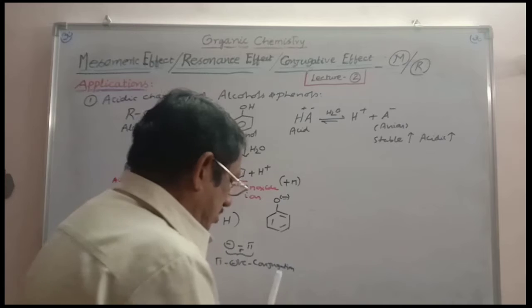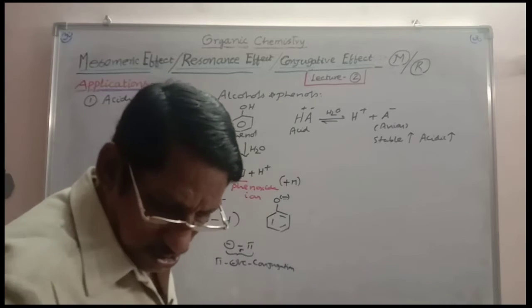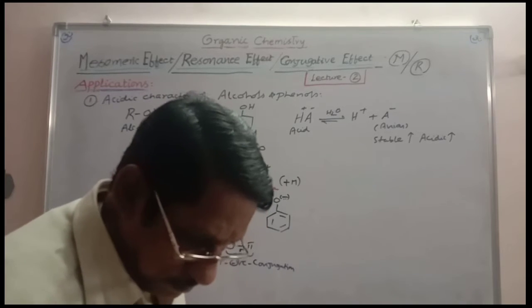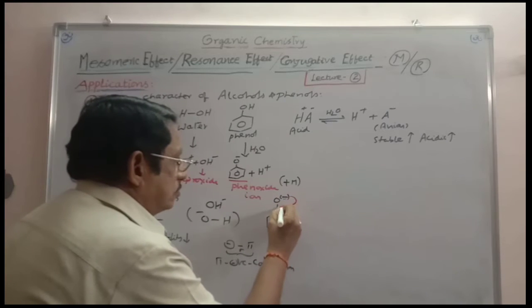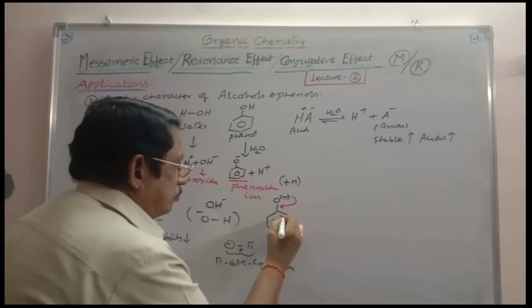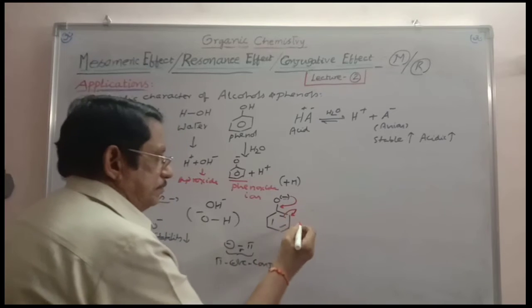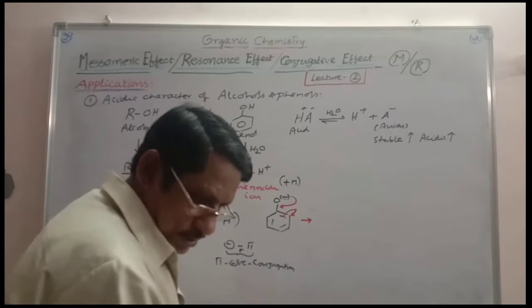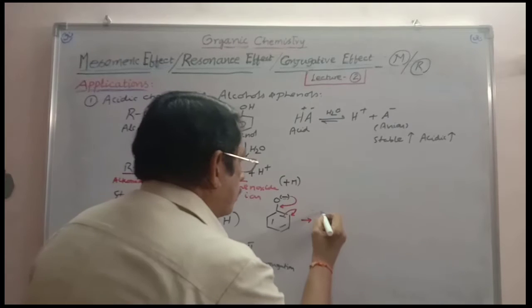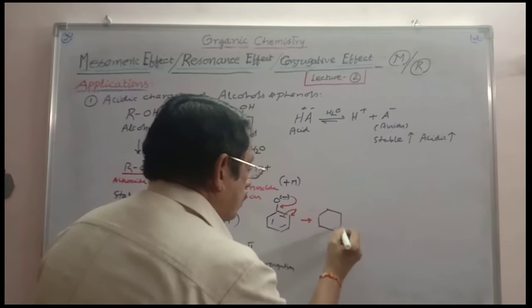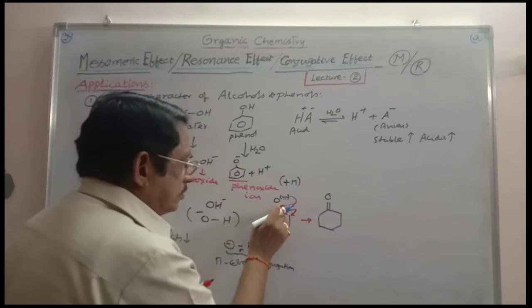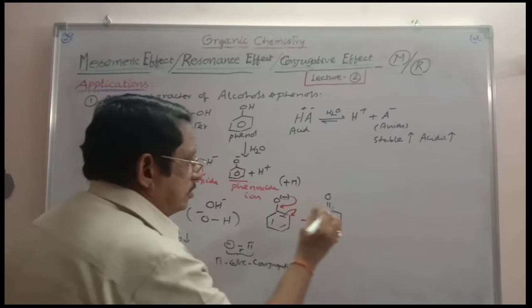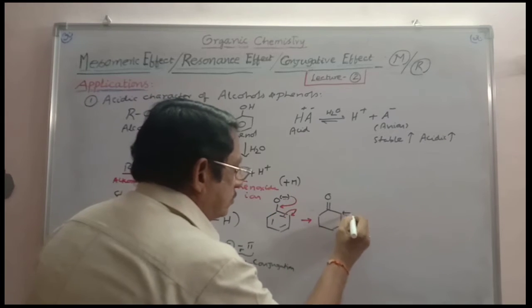Through the plus mesomeric effect, this gets resonance stability. You can write it in this manner. O minus releases the electron cloud toward the carbon. This carbon pushes the electron cloud toward the ortho carbon. And thereby you will get a double bond to O, and the negative charge settles on the ortho carbon, so it gets a minus charge like this.